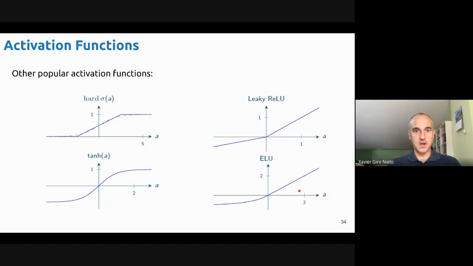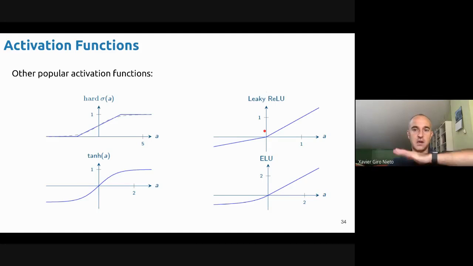Okay. Here you have other popular activation functions. There's the hard sigmoid, which is linear near 0, but then it goes flat at 0 or 1 when you go away from the origin. You have the leaky ReLU, which is kind of popular. For positive values it has slope 1, and for negative values it's not 0, but the slope is not as high as 1.